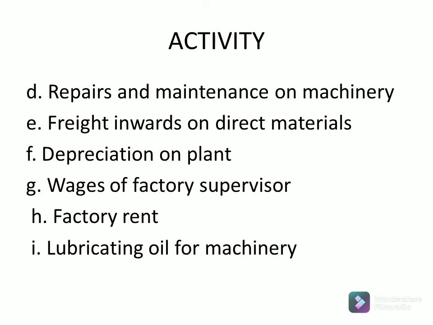E, freight inwards on direct materials. F, depreciation on plant. G, wages of factory supervisor. H, factory rent. And I, lubricating oil for machinery. You classify whether it is a direct material cost, a direct labor cost, or factory overhead cost.